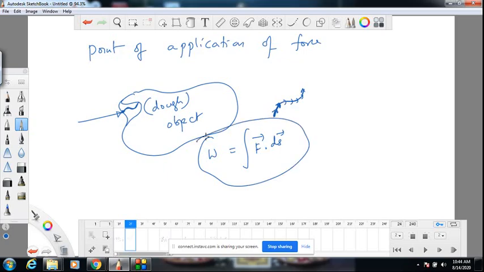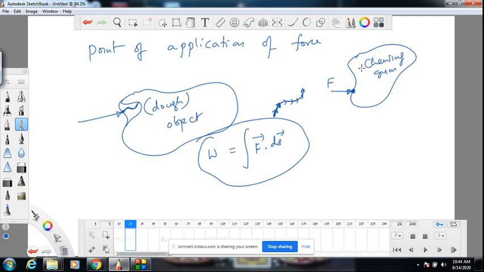So you must take displacement of the point where force is applied, not the whole body, not displacement of the body, displacement of only that point. For example, if I have a chewing gum, which is a deformable object, and I am applying force here, you must take displacement of only this point and not the whole chewing gum.